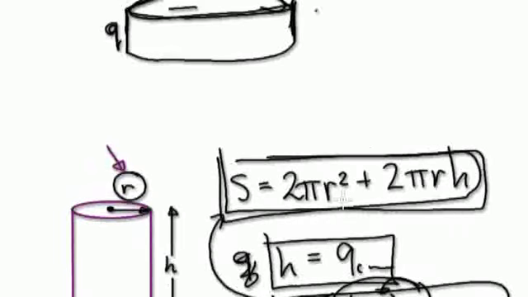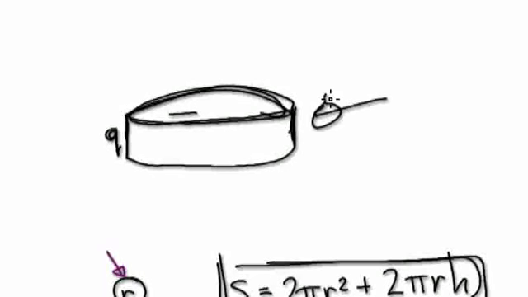So the radius is roughly 10 centimeters. From here to here is roughly 10. So our cylinder will look something like this. It's quite short and flat. So our cylinder should look something like this.